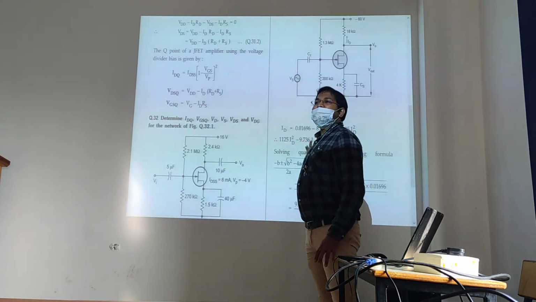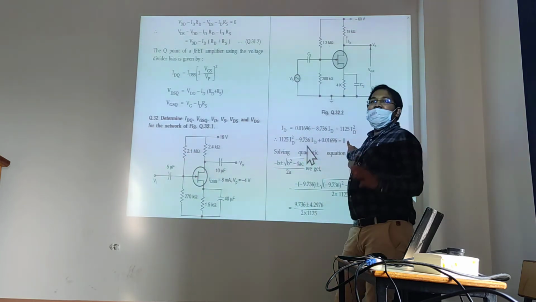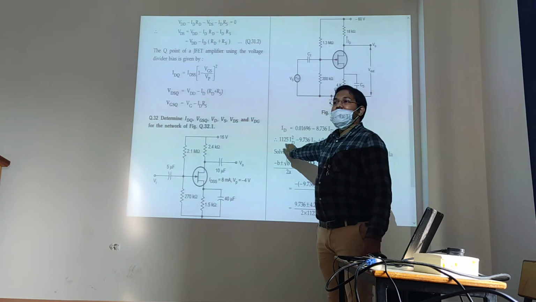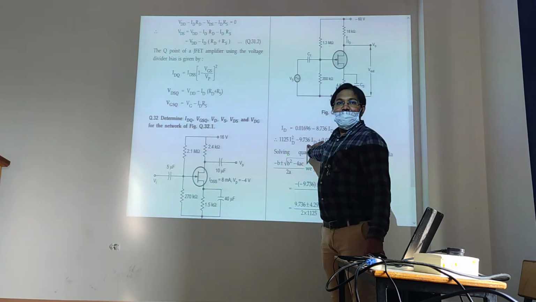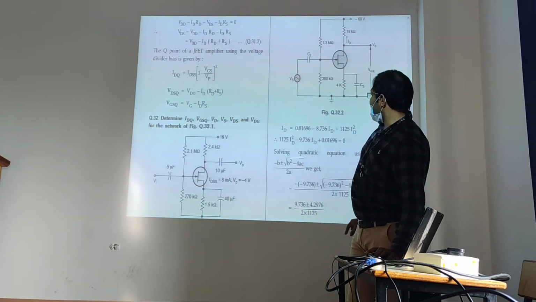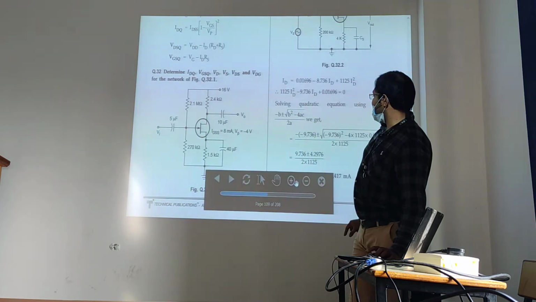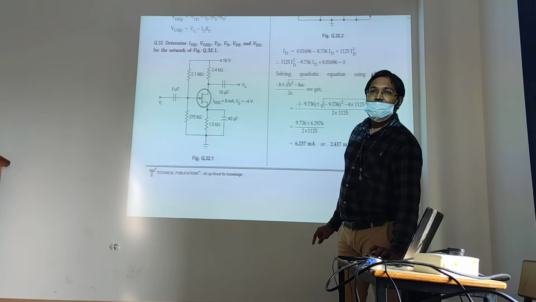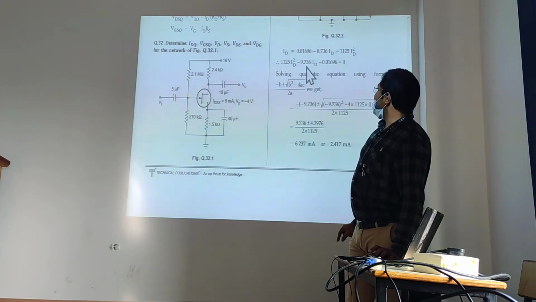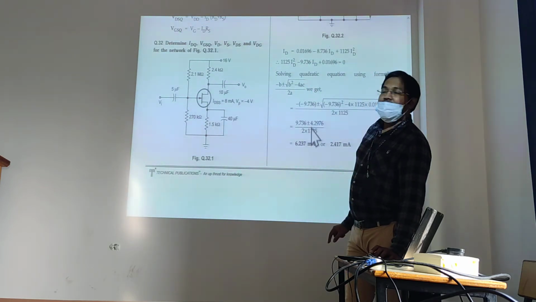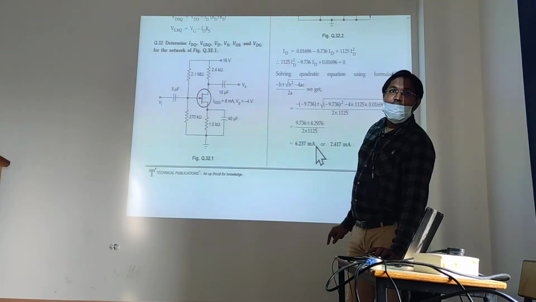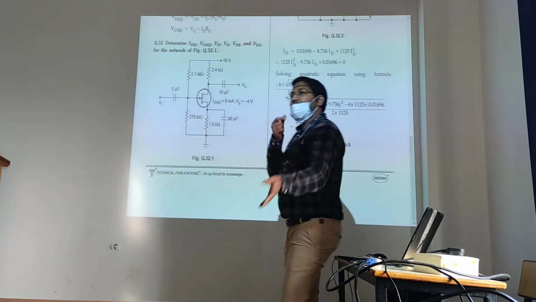Some of you may get a different equation because you may multiply with some constant. So don't worry about this equation. As long as your two values are correct, your equation is correct. Solving this using minus b plus or minus square root of b square minus 4ac by 2a, we are getting the two values of ID.